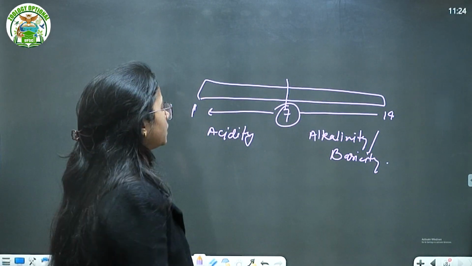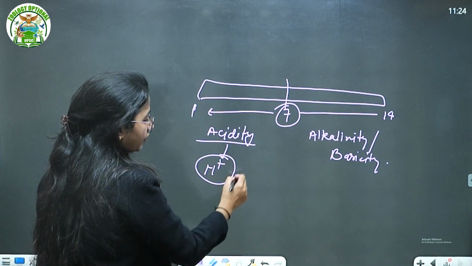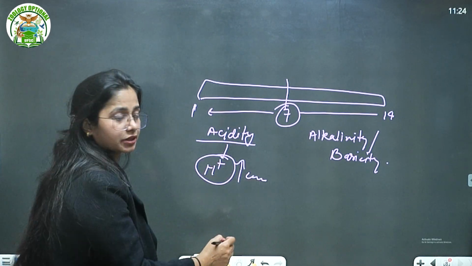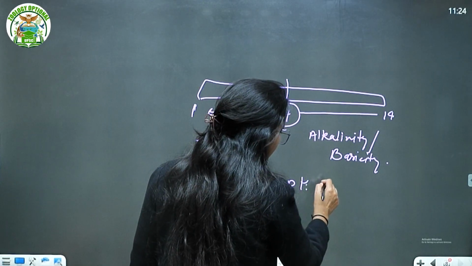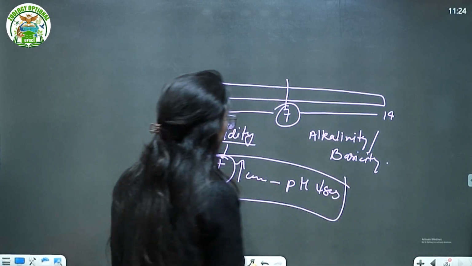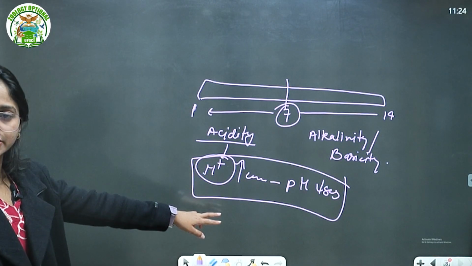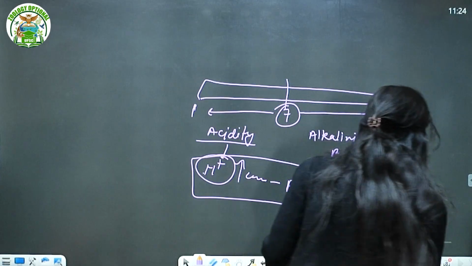Okay. So when we talk about what is acidic, it is the H plus ion concentration. If H plus ion concentration is increasing, that means pH is decreasing, right? First of all, we need to understand this concept. So if I am saying that H plus ion concentration is increasing, that means pH is decreasing, right?